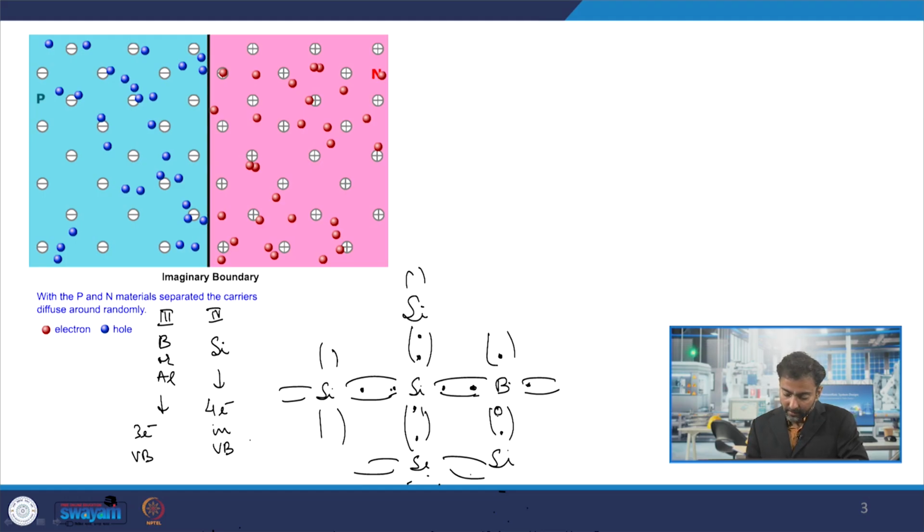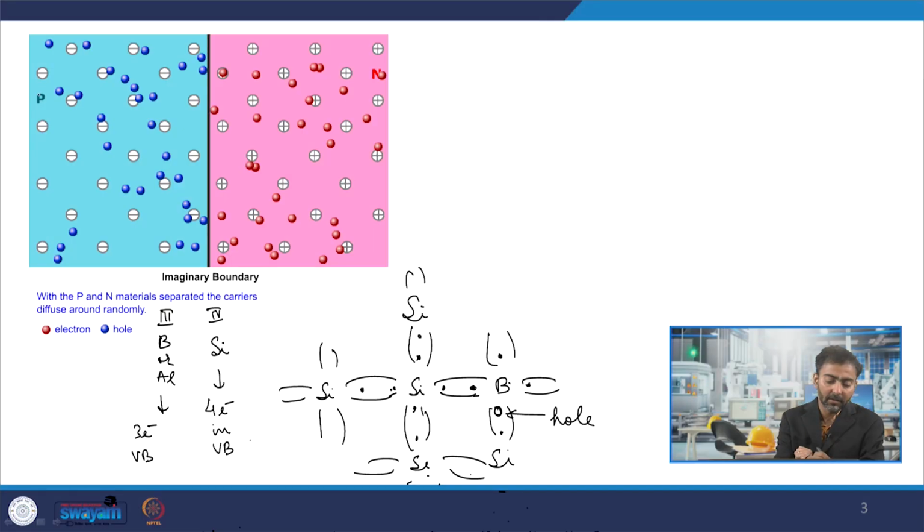This vacant position can be called a positive charge. Absence of an electron, which is negatively charged, we call the equivalent of a positive charge, or we call that a hole. So these holes can act like excess charge carriers. When you have excess holes, holes are nothing but vacancies where electrons are not present, but because the electron is negatively charged, the hole is relatively positively charged.